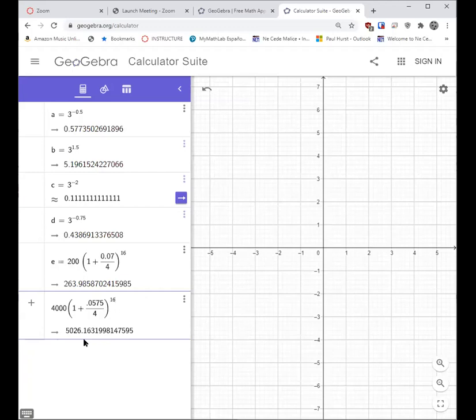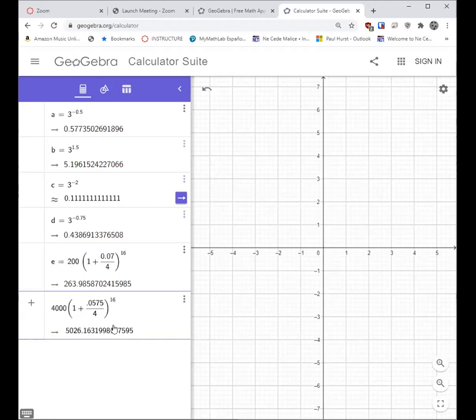And that's $5,026.16. Maybe that sounds reasonable. You borrow $4,000, or you lend someone $4,000, and at the end of 4 years, you have to pay back this much, 5,000, or they have to pay you 5,000 and $26.16. So that's going to be the answer to the first one.